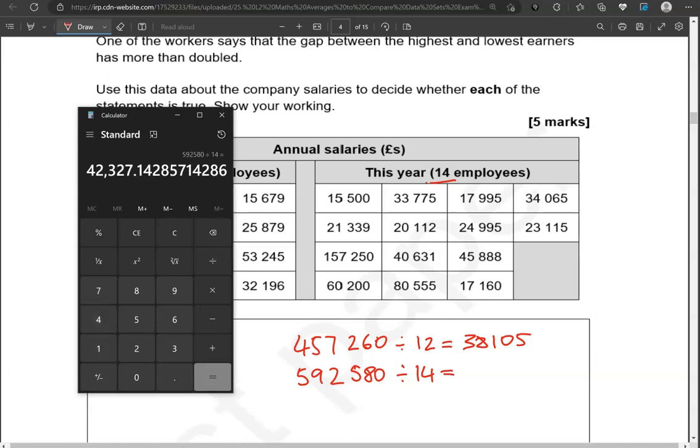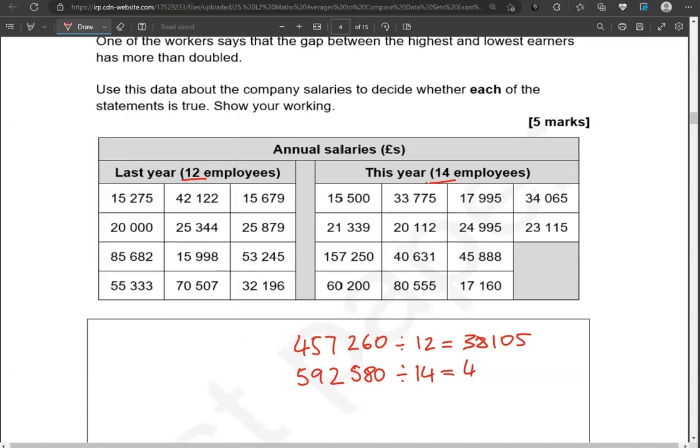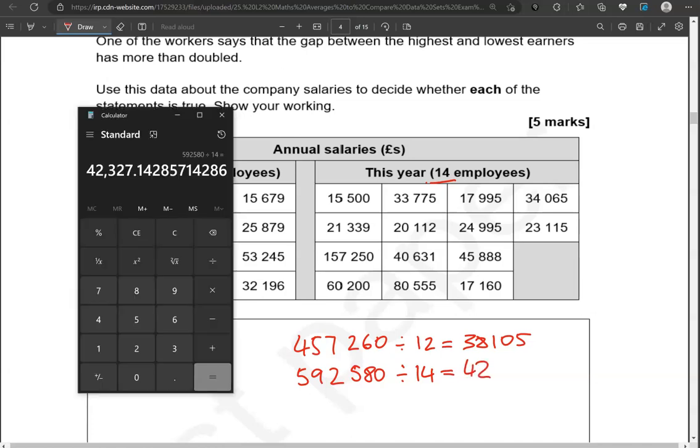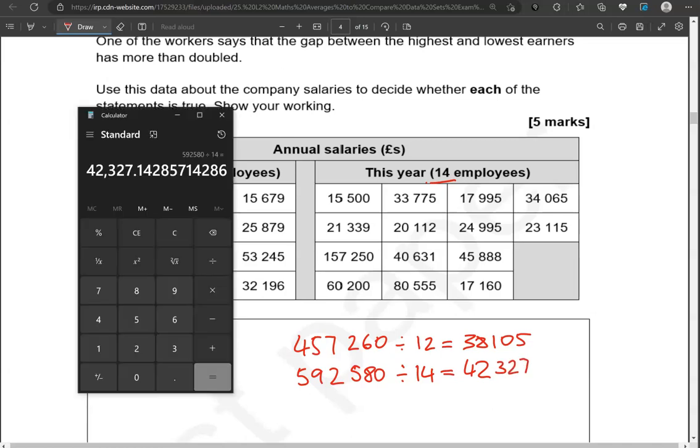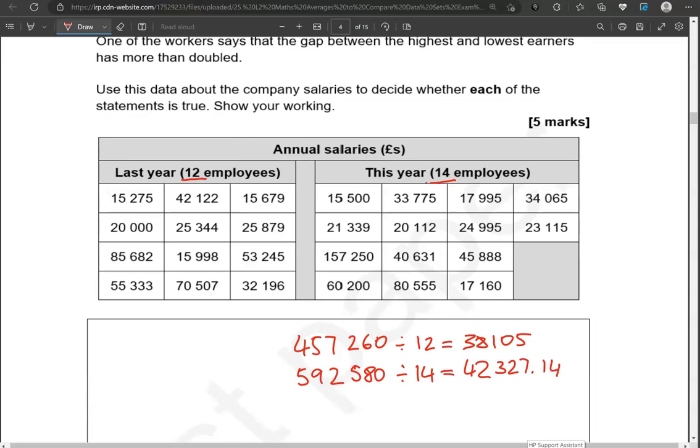And that gives us 42,327 pounds and 14 pence.